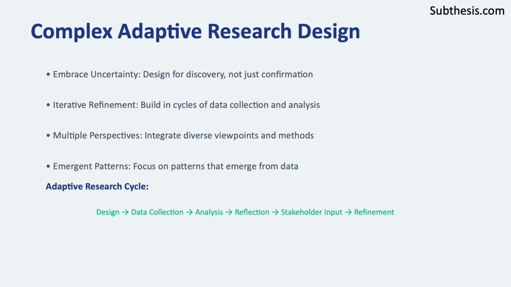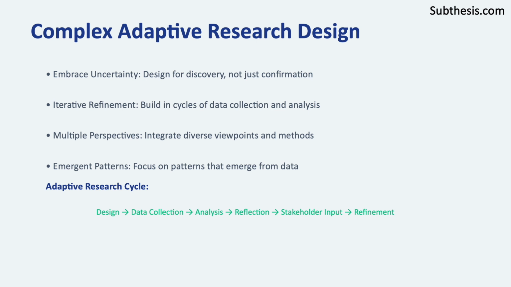Complex adaptive research design is built on 4 core principles. First, embrace uncertainty by designing for discovery, not just confirmation. Second, implement iterative refinement through cycles of data collection, analysis, and design modification. Third, integrate multiple perspectives from diverse viewpoints and methods.